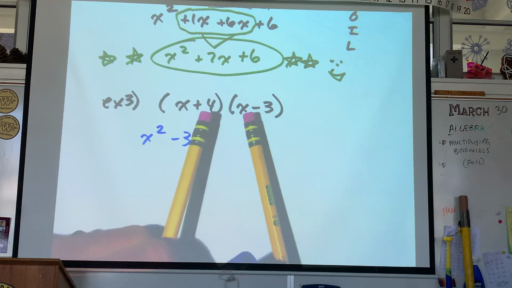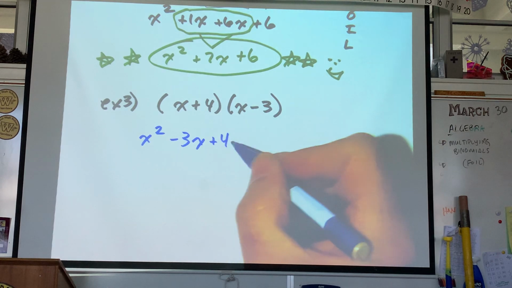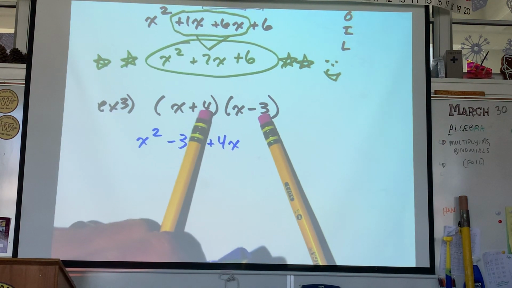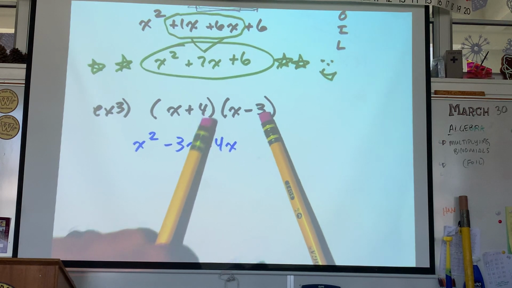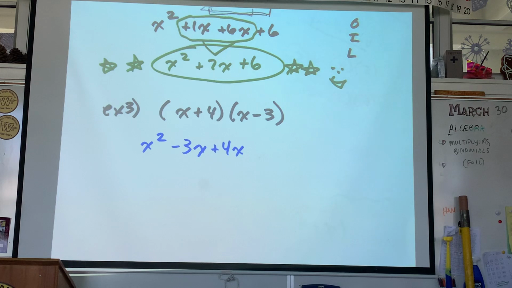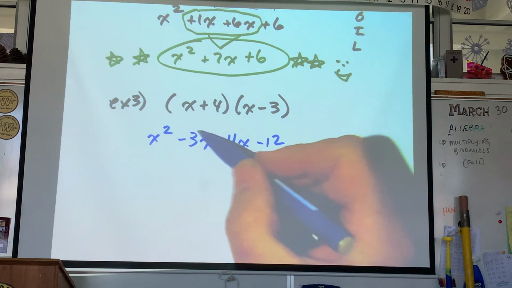The inners are positive 4 times x, which is positive 4x. And the lasts are positive 4 times -3, which is negative 12.